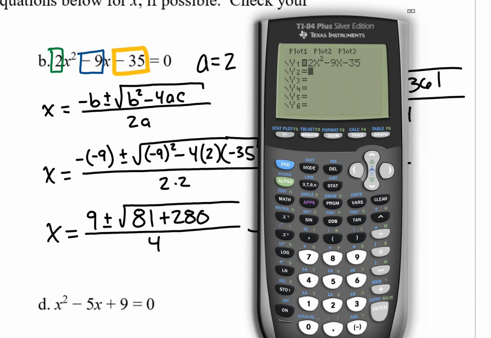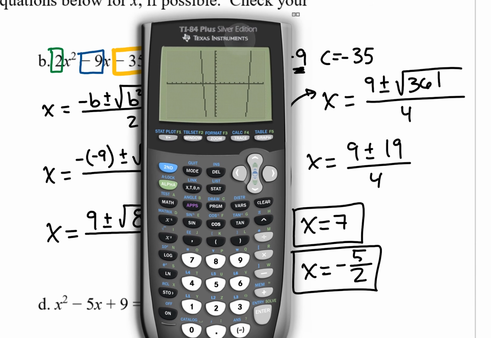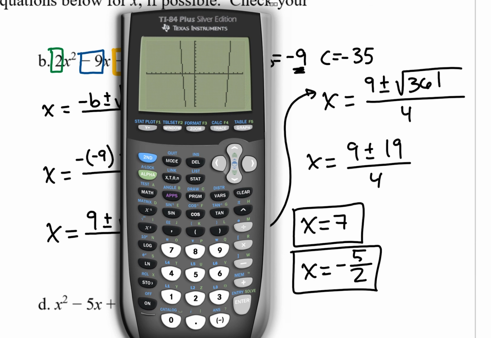And if I graph that, I believe that when I enter in 7, I should get 0. So check this out. If you hit trace and then say, here's 7, what's y? Boom, it's at 0, right? And you can see it's flashing right there at the root. So when x is 7, it definitely makes this function equal 0.